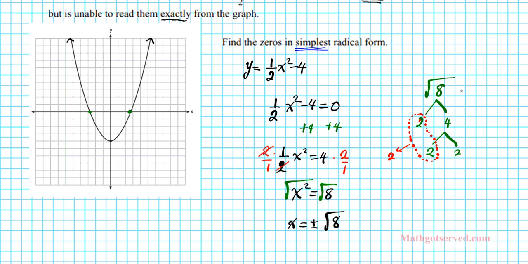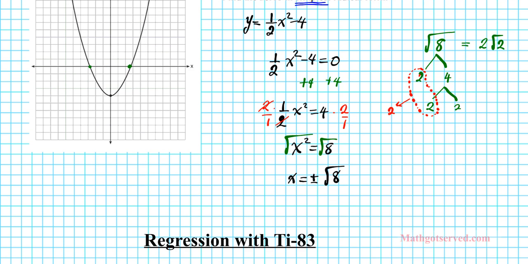So root 8 can be simplified into 2, which is the square root of 4. And you're left with the other 2 as a radicand. So the simplified form is going to be x equals plus or minus 2 root 2. So these are the zeros of the function.